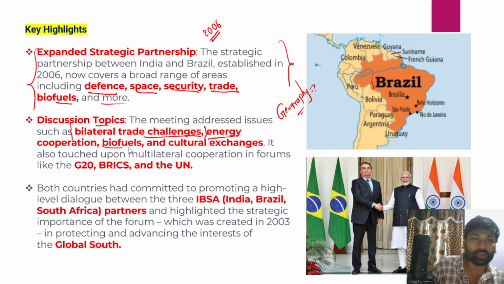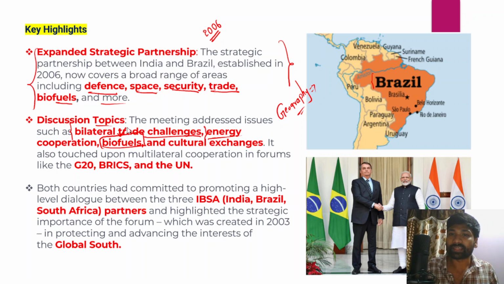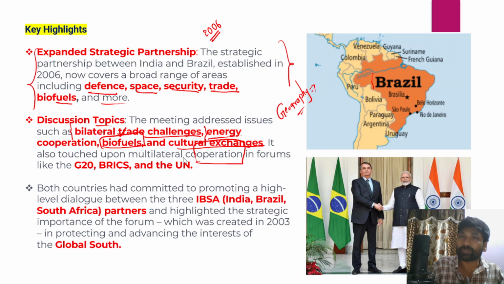And biofuels or sustainable fuels, which are going to be the future, is another area that they would work on together, along with several cultural exchanges. And in fact, the meeting between India and Brazil has also touched upon a number of other areas, including multilateral cooperation in specific forums such as G20.